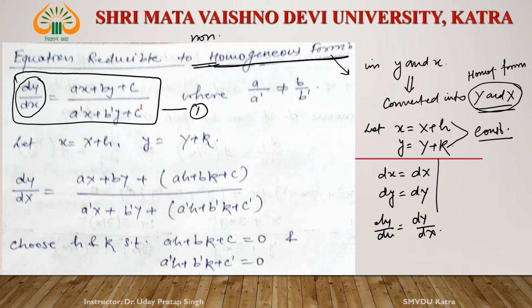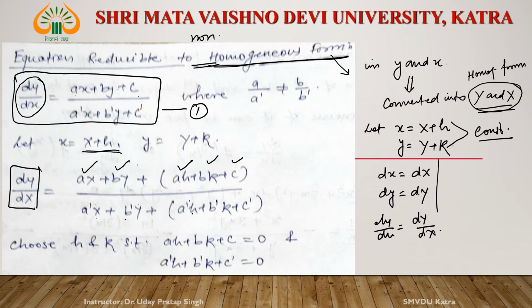dy by dx is written as d capital Y by d capital X equals a into x plus h, that is aX plus ah, plus b into capital Y plus bk, plus c. Similarly, the denominator a prime X plus b prime Y plus a prime h plus b prime k plus c prime. Right.